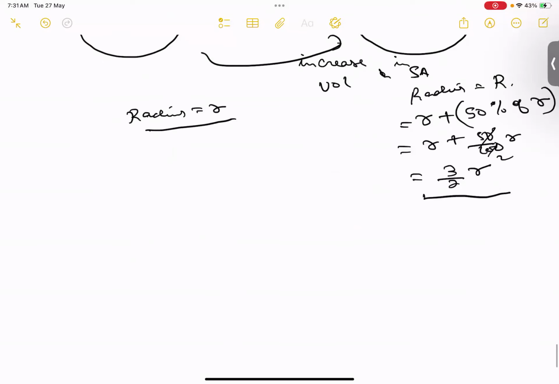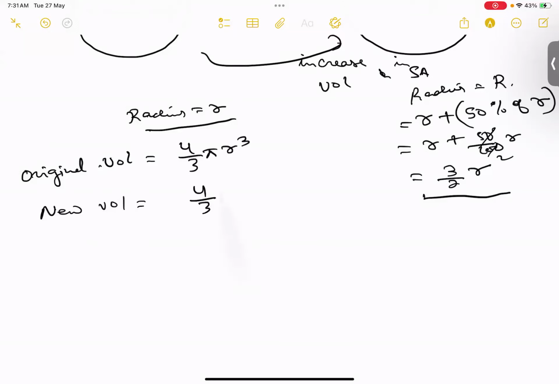Now, original volume is nothing but 4 by 3 by r cube, right? And new volume is equal to 4 by 3 by r cube. Now we know the value of r. It says that r is how much? 3 by 2 r whole cube.